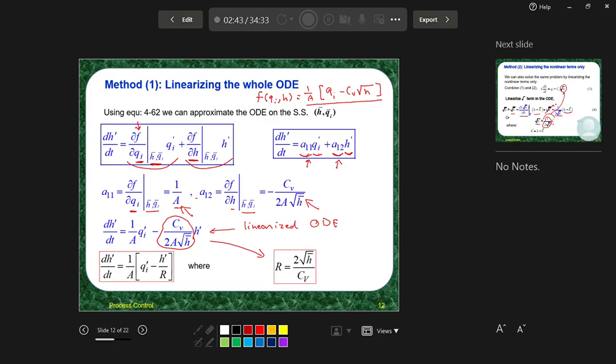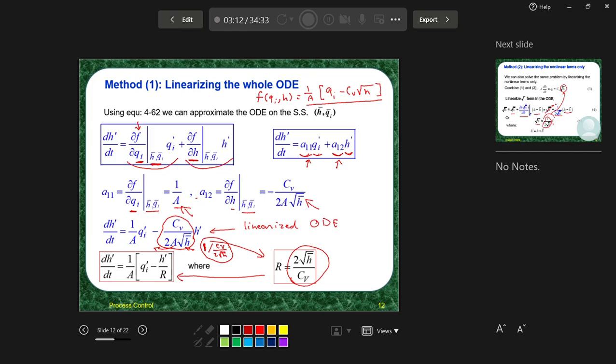Remember there is an A here which can be separated, so it will be CV over 2 square root of h bar. If I take 1 over this, it will be called R. So R is 1 over CV over 2 square root of h bar. Then I can write the linearized differential equation this way.